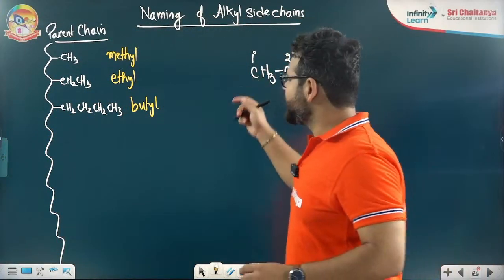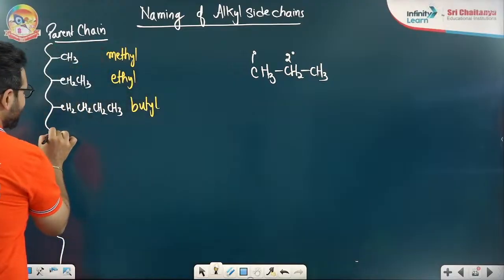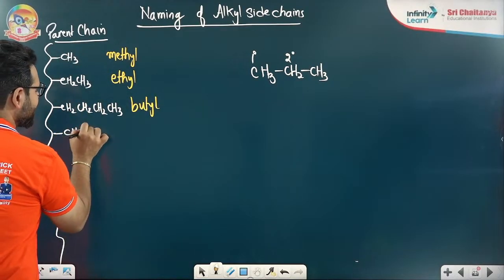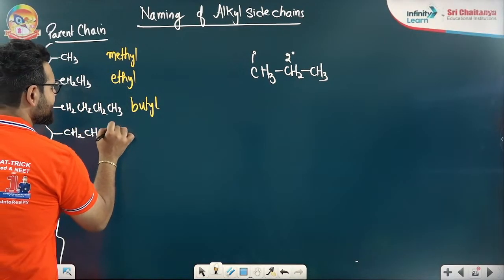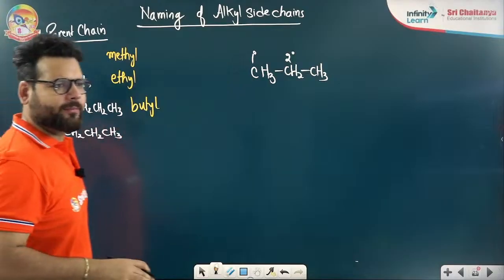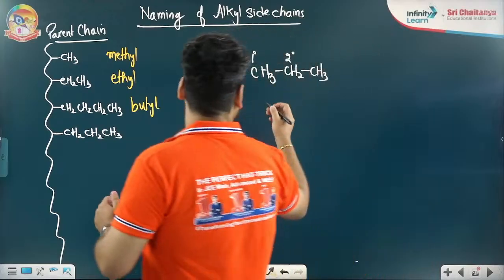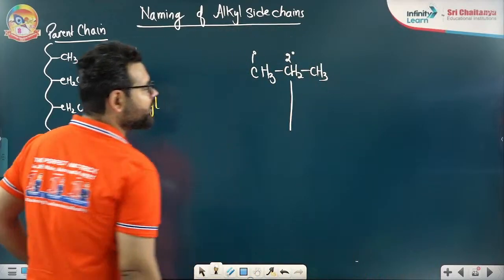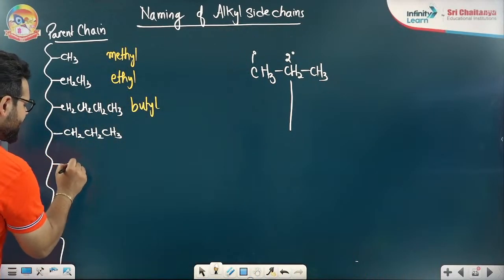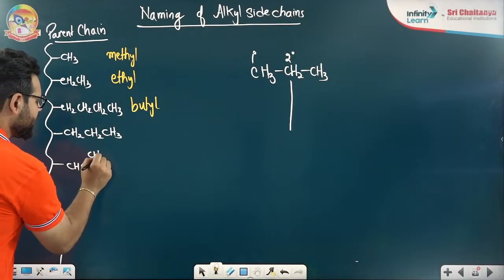If I remove primary hydrogen, I'll get an alkyl chain which looks like CH2CH2CH3, which is simple. We'll call it propyl. But if I remove secondary hydrogen, then attachment will occur from the middle carbon.